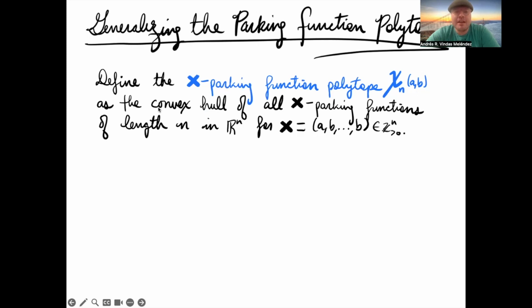We take this to be the convex hull of all x parking functions of length n in R^n for that particular x. Now we can think about this for general x, but again, I emphasize that because of the difficulty in enumerating those parking functions, we restricted ourselves to this particular setting.